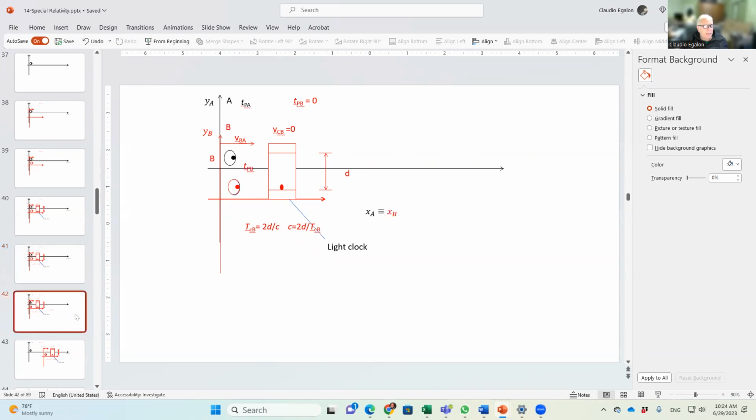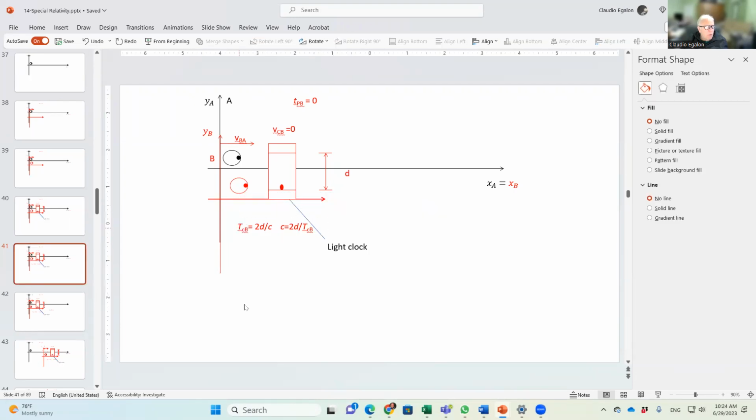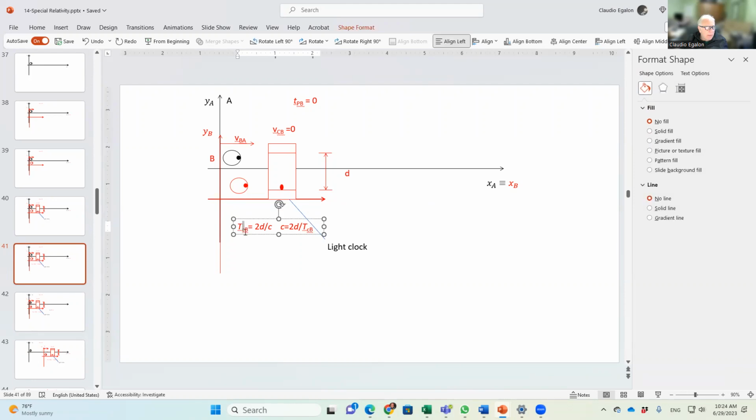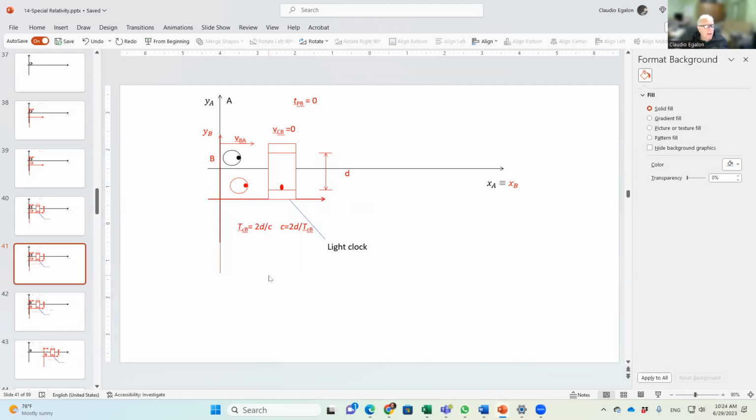And the period of the clock with respect to referential B is going to be 2D divided by C. The photon is traveling at the speed of light, so that is the period of this photon.